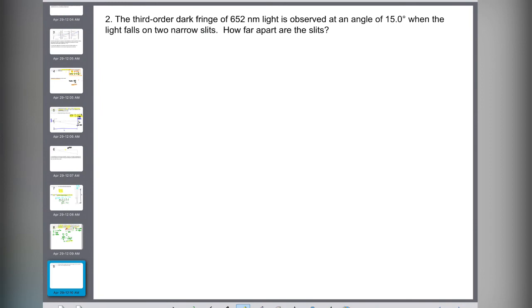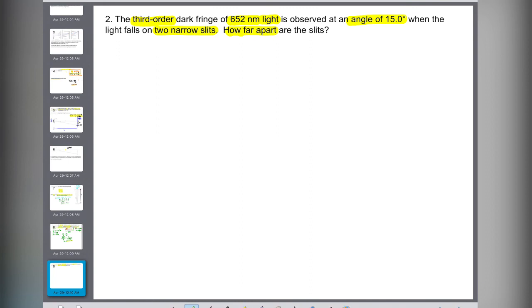All right, number 2. The third order dark fringe of a 652 nanometer light is observed at an angle of 15 degrees when the light falls on 2 narrow slits. How far apart are the slits? All right, so let's write this out.